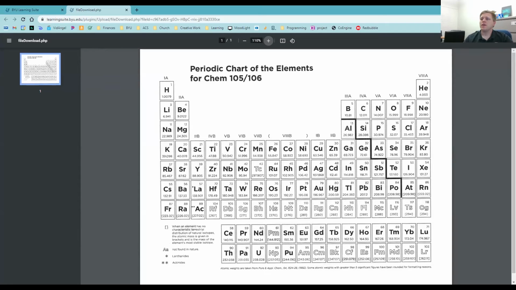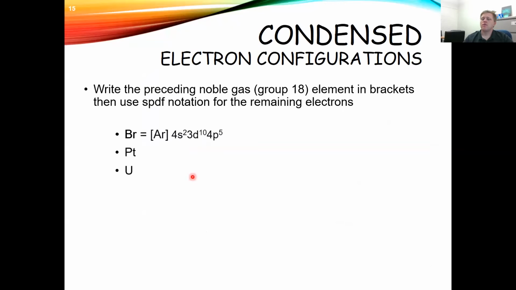And so if I jump back to the slides, we can write bromine's electron configuration like this, where we just default to the noble gas that's before it on the periodic table. So the nearest noble gas that weighs less than the element we're talking about. So for platinum here, you'd have xenon as the next noble gas down.